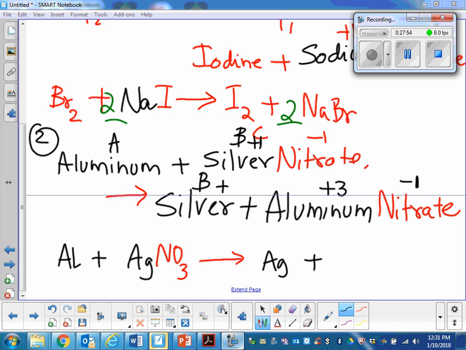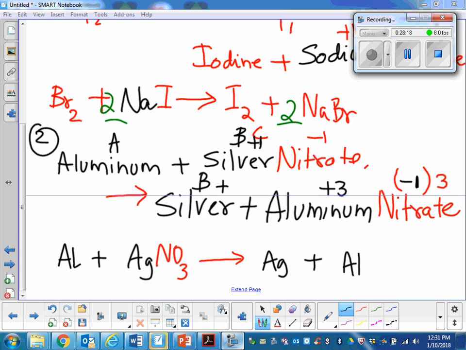So which side am I multiplying? The nitrate side by 3. So Katie, what is my formula for aluminum nitrate? Your formula for aluminum nitrate would be Al plus AgNO3 would turn into Ag plus AlNO3.